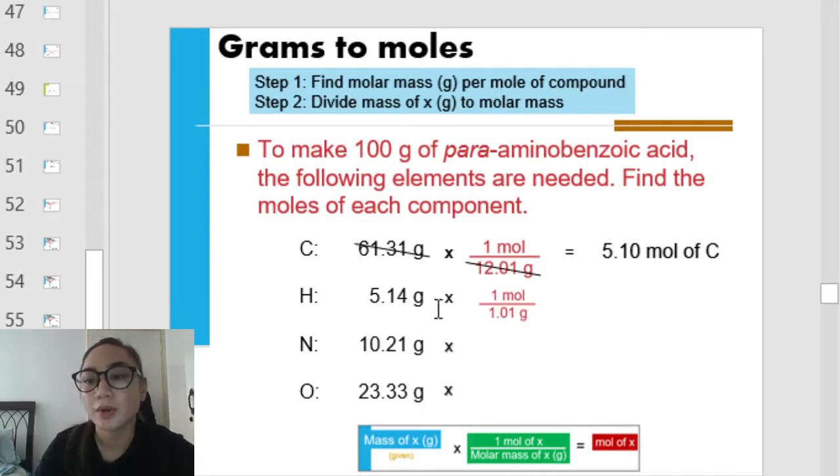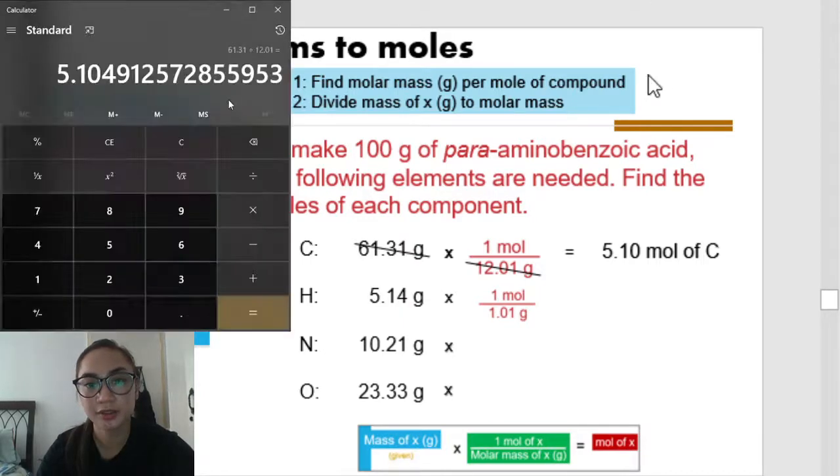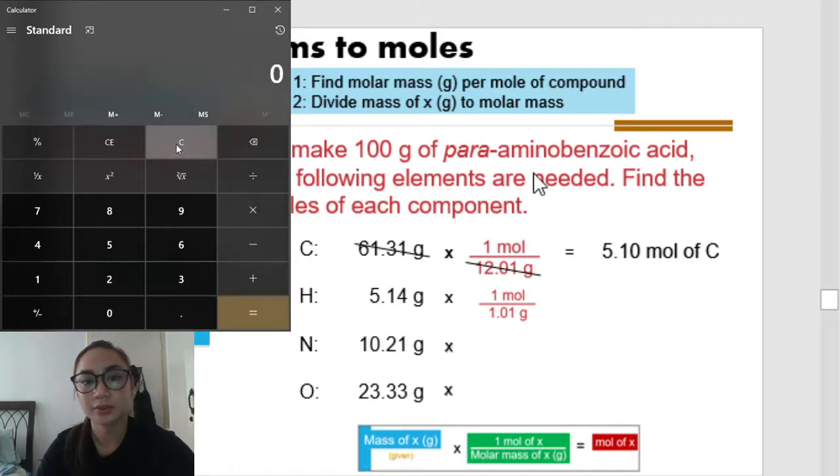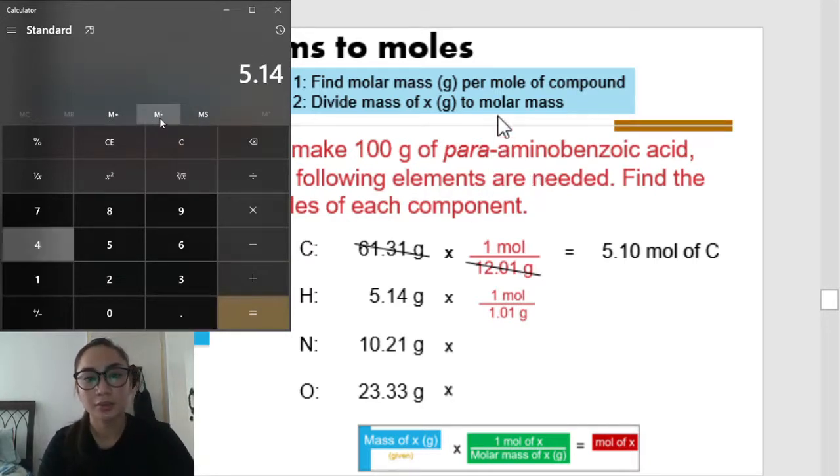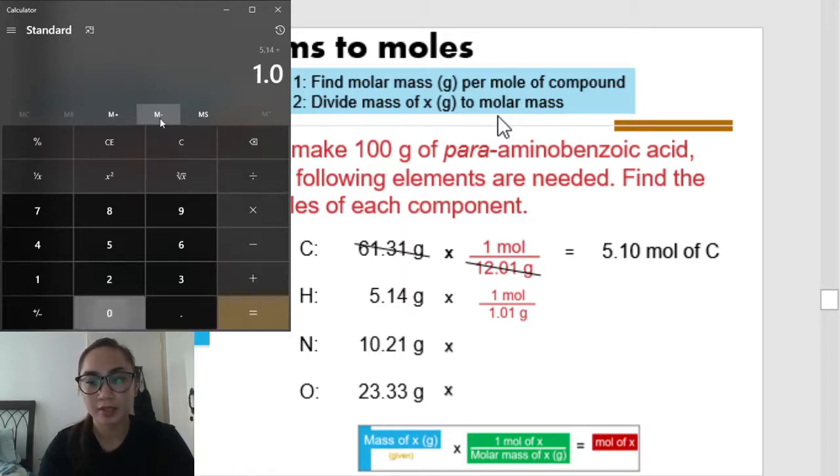Okay, so we have a given of 5.14 grams of hydrogen. We took the molar mass, which is 1.01. So let us compute this using our calculator. We have 5.14, cancel out the two symbols of G, or grams, divided by 1.01.